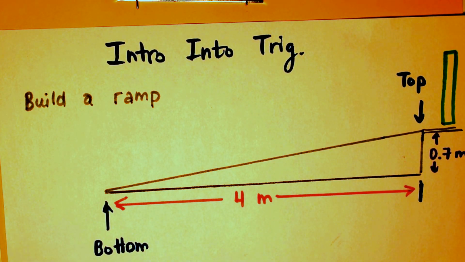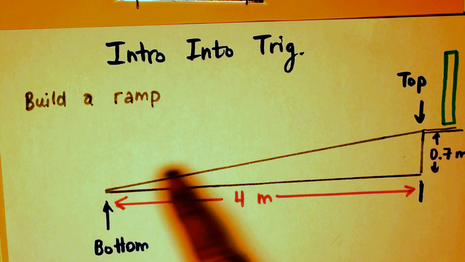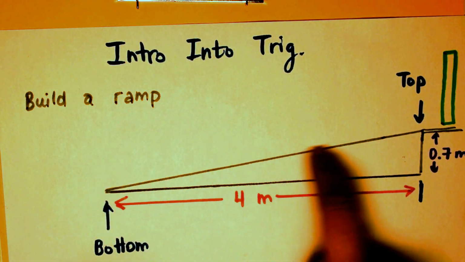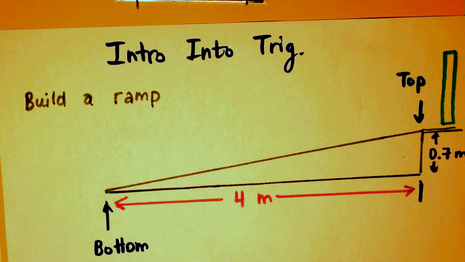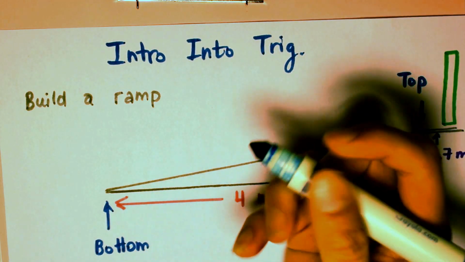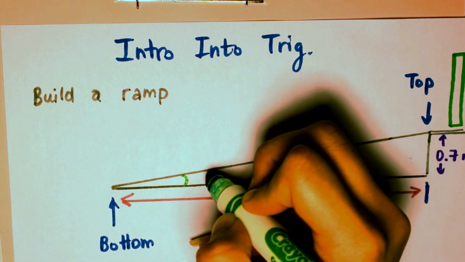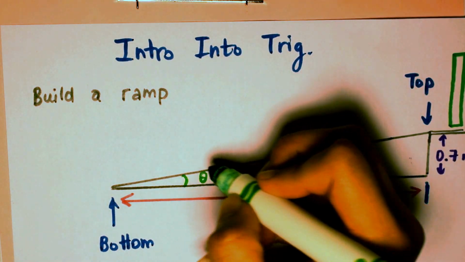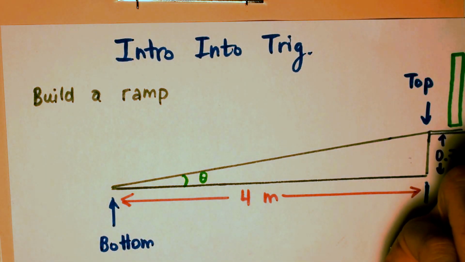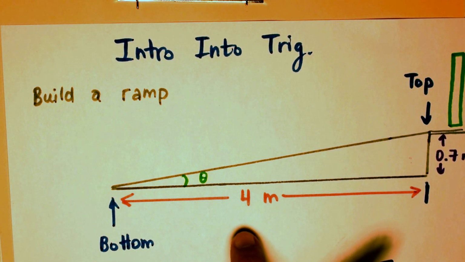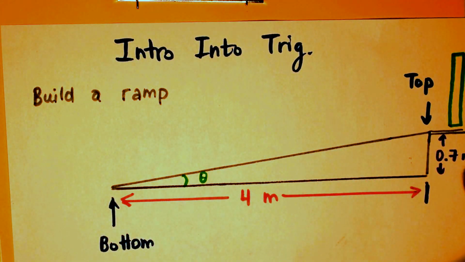Okay, now my question would be, how much material would I need to build this segment of the ramp? So to build the ramp itself, how much material would I need? So let's say that we have an angle as well. This angle over here, we're going to call theta. I know you guys in the past have used the variable x for the angle, but I'm not going to use x because sometimes x is used as a variable for the length and the width.